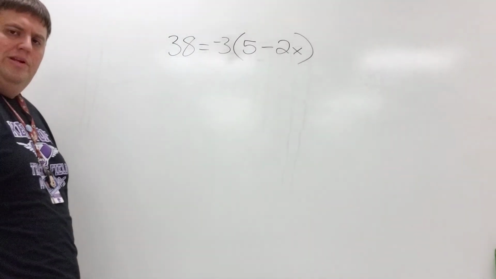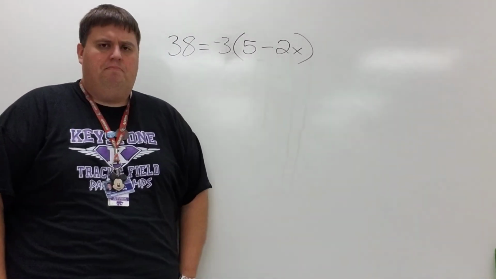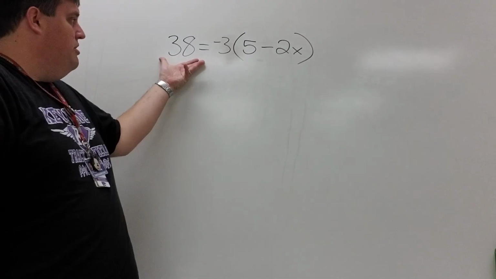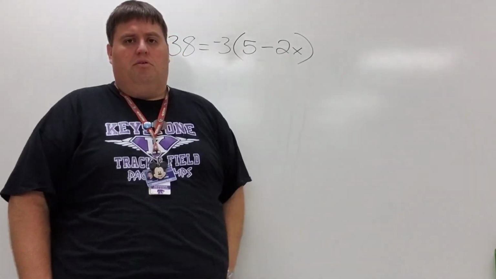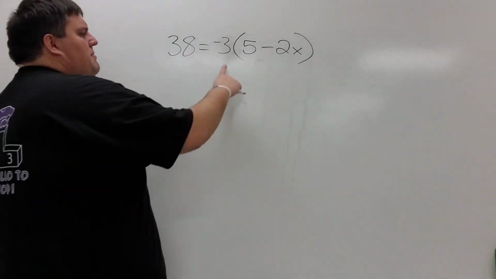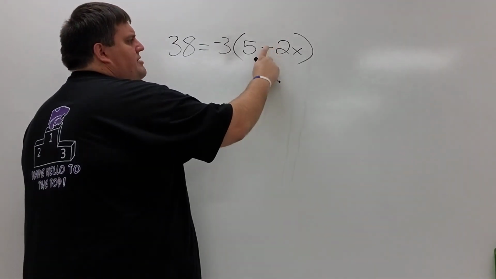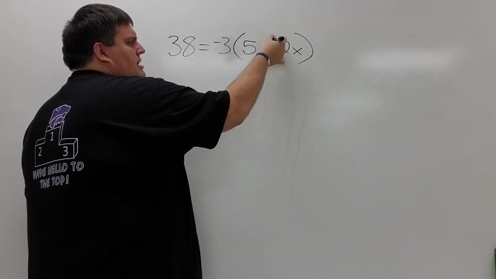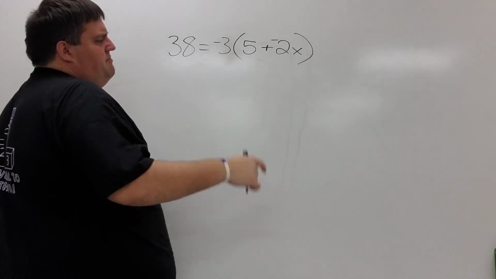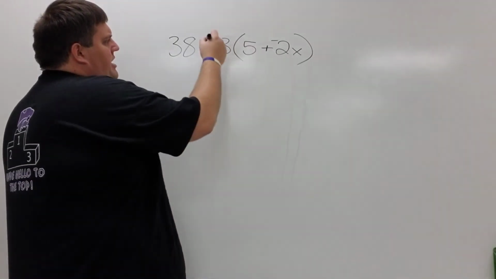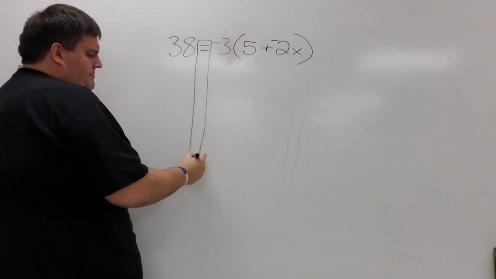All right, so we definitely have distributive property again. If you wanted to, you can move equals 38 to the side if you don't like that. But I am going to be careful with my signs as always. This minus sign, I'm going to move the negative up to the 2. And then I'm going to go ahead and distribute this negative 3.